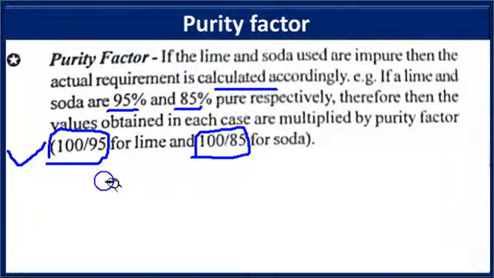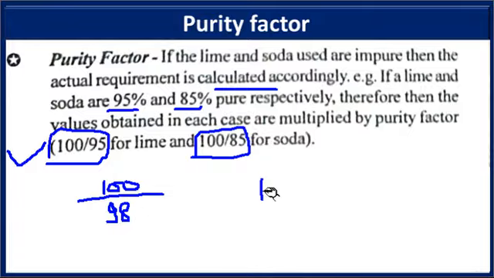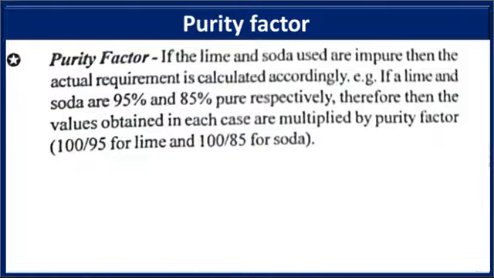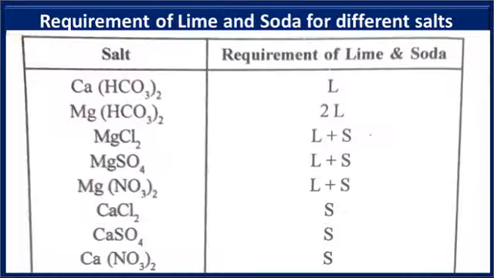What is the purity factor? 100 by whatever percentage is given. Suppose 98% lime is given, then we put purity factor 100 by 98. For soda, suppose 75% purity is given, so we put the purity factor 100 by 75. Whatever percentage is given, we have to apply that purity factor to all lime and soda requirements.